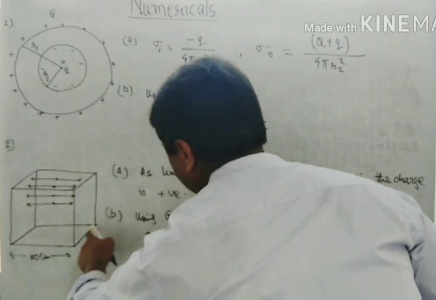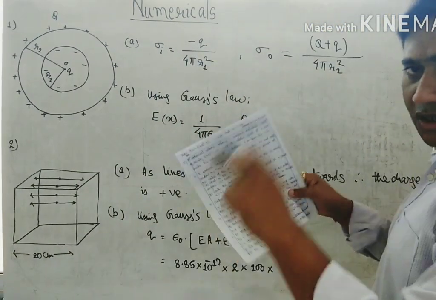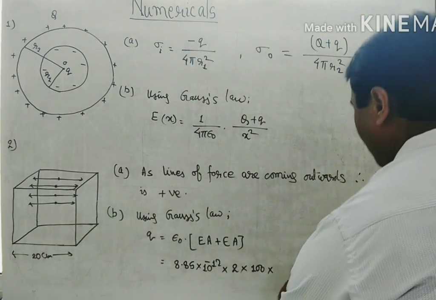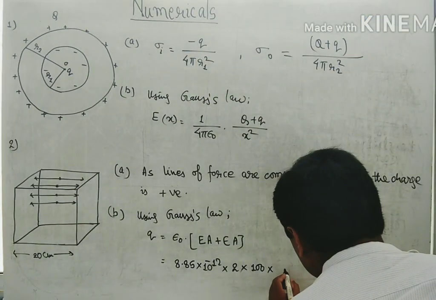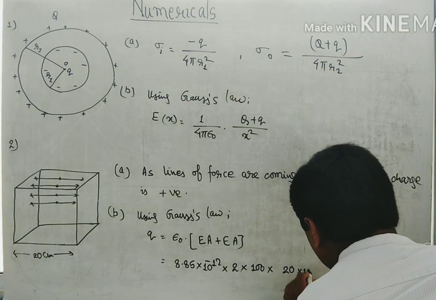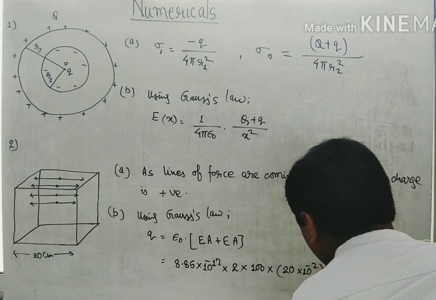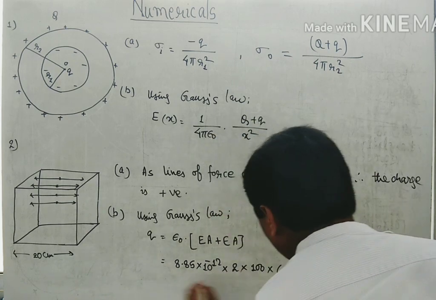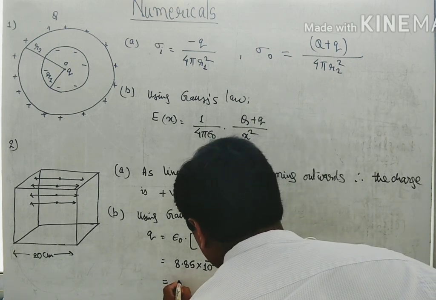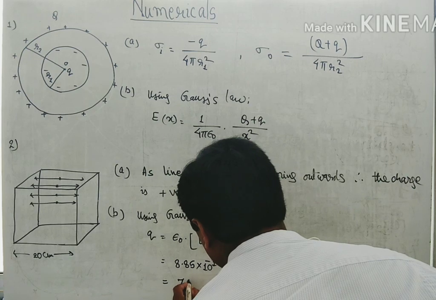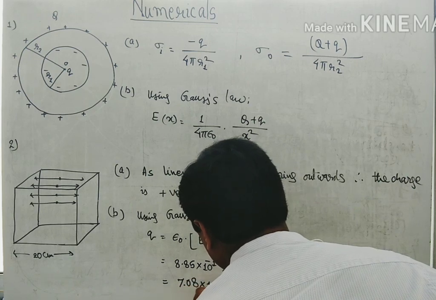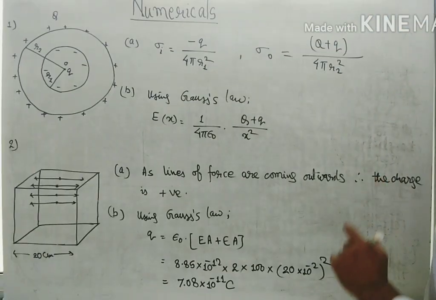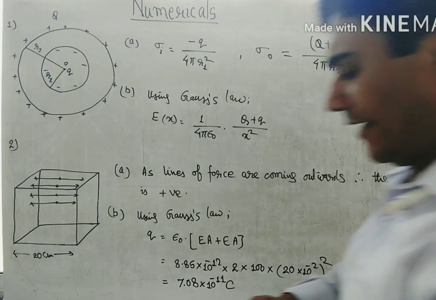Now area: one face of the cube is a square, so area is side squared, (20 into 10 to the power minus 2) squared. So students, when you solve it, you'll be getting approximately 7.08 into 10 to the power minus 11 coulomb. So this will be the answer that you'll be getting.